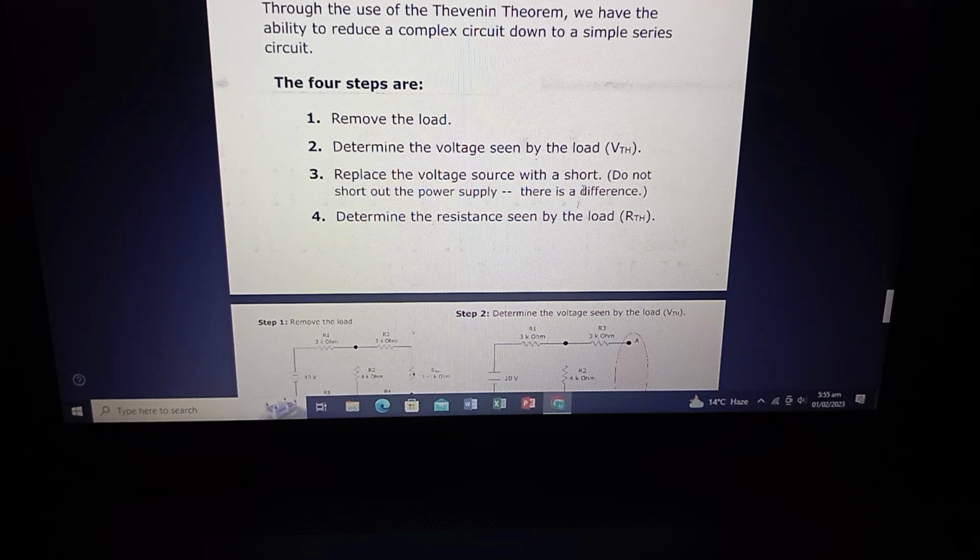First, remove the load. Second, determine the voltage seen by the load. Third, replace the voltage source with a short. Do not short out the power supply, because there is a difference between both processes. Fourth, determine the resistance seen by the load.